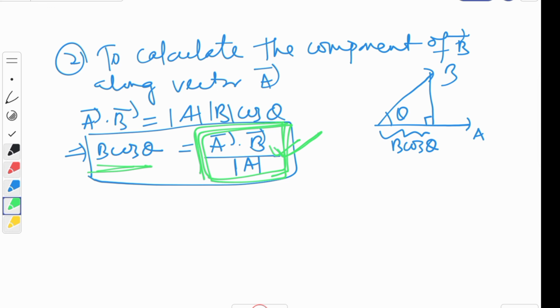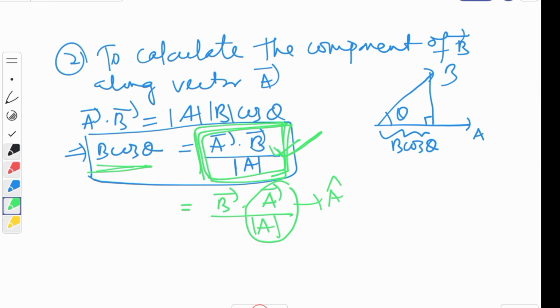Suppose in the question there is no angle given, then how to find out? You can use another formula also. I can rearrange this formula, right? Same way, I have just changed the position. So what is this, children? This is nothing but the unit vector, you know this.